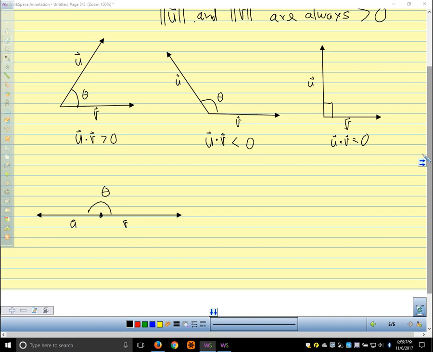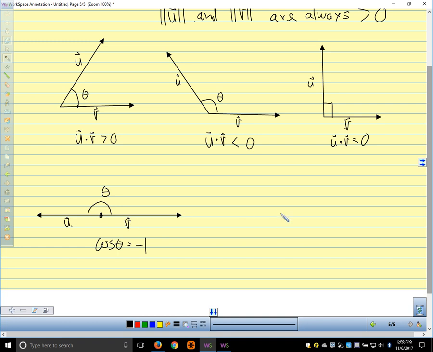The cosine of my angle in that case is going to be what? -1. So u dot v over the magnitude of u times the magnitude of v is going to be -1. So that would tell us that those vectors are parallel, but they go in the opposite direction.